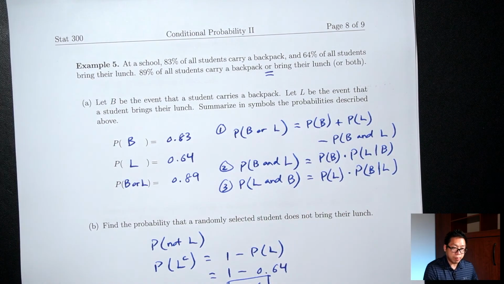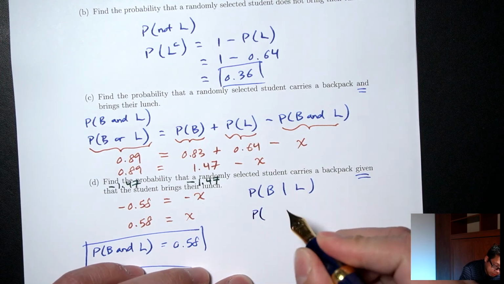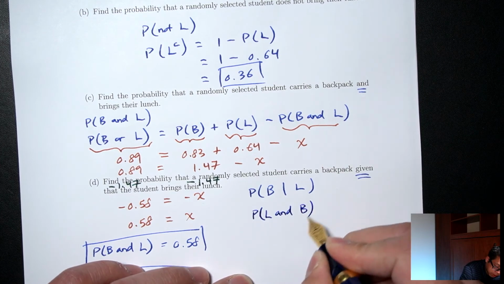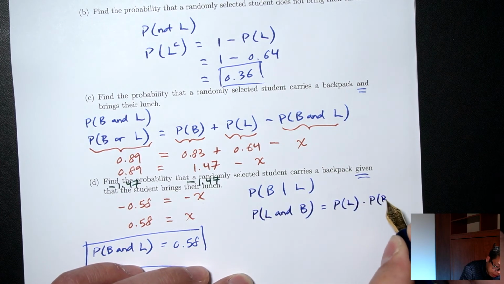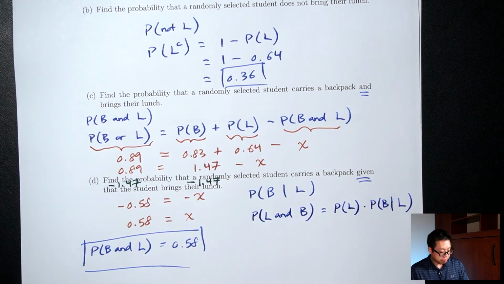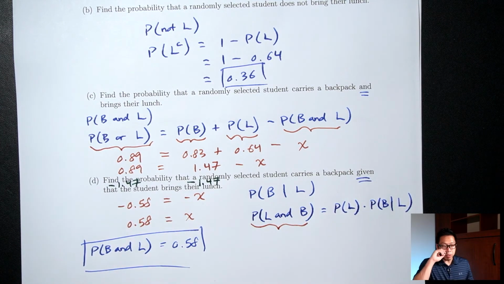So let me recopy that. It's the probability of L and B equals the probability of L times the probability of B given L. Go through, plug in numbers. Left side, probability of L and B. Do we know that?